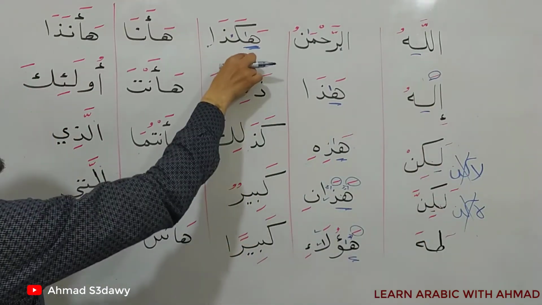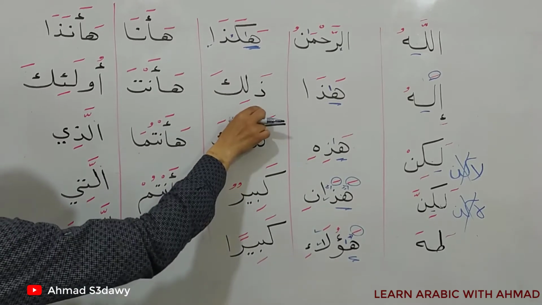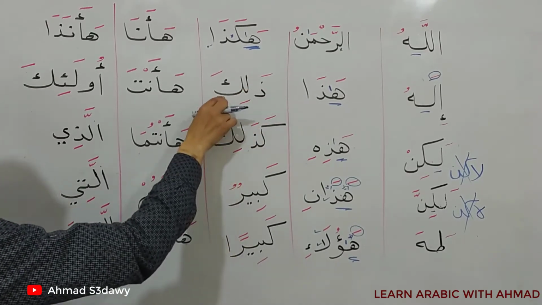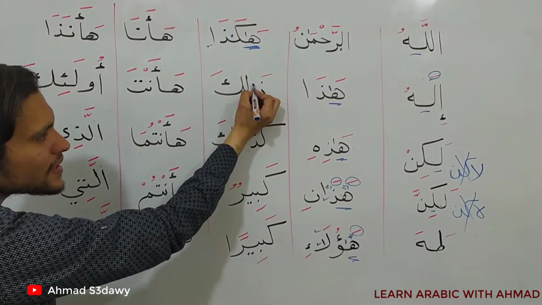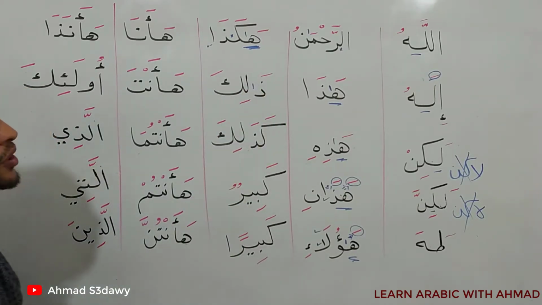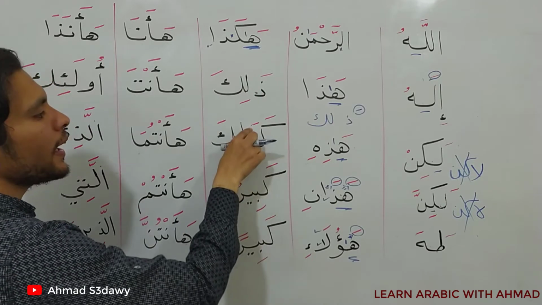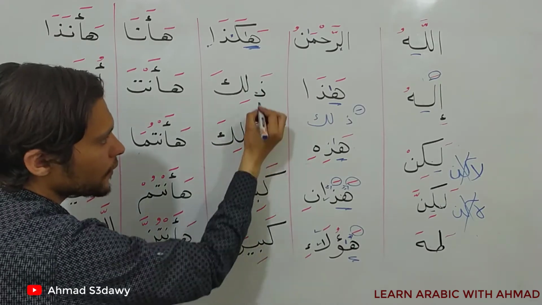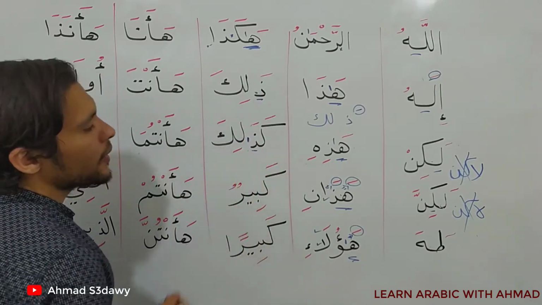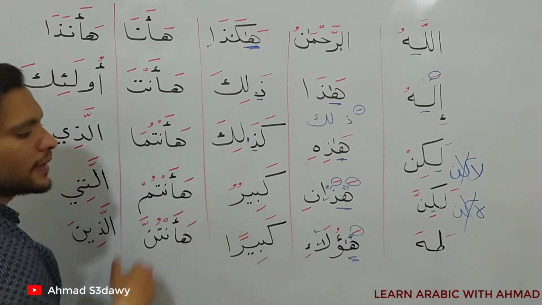Okay, so ha kaza, and here you say dhalika. So actually there is a long vowel here with alif, it's pronounced but not written. Also kadhalika, after the zal there is a long vowel, kadhalika.